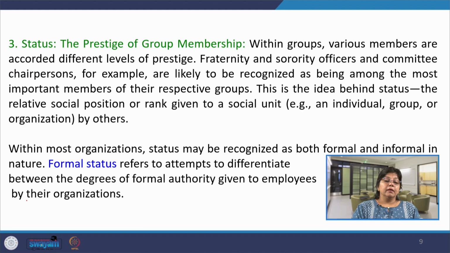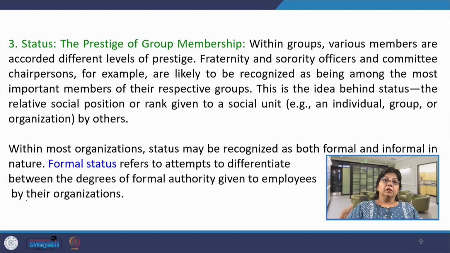All right. The third element is status, the prestige of group membership. Group members are accorded different levels of prestige. Whatever the rank, the cadre a person is accorded, it also accords some kind of status to everybody's role and position.